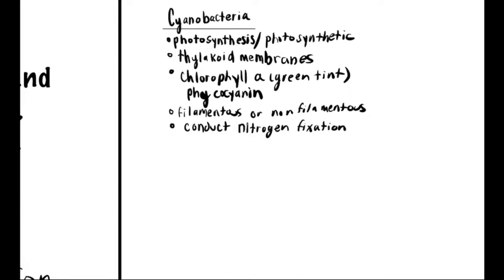So cyanobacteria have types of specialized cells. You got the akinetes, and then the heterocysts. Akinetes are specialized spores that form resistant outer membranes.